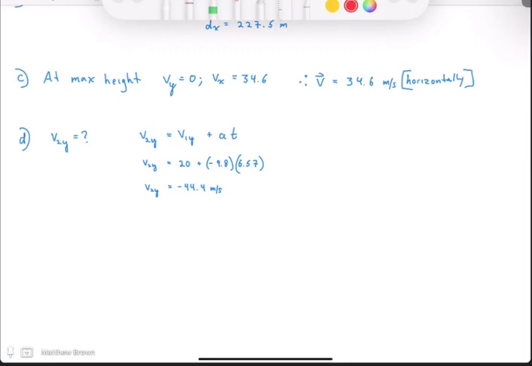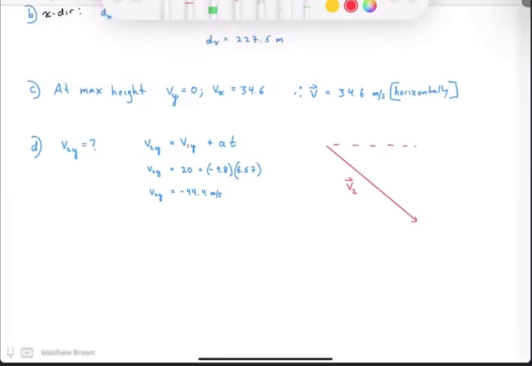So that means v final is something, I'll sketch it a little bit like this. I don't know why I'm making it so big, but we'll call this v2 or v final. And we know the x component is the unchanged one, which is 34.6. And now we know y is negative 44.4. So now we just need to figure out the magnitude and direction.